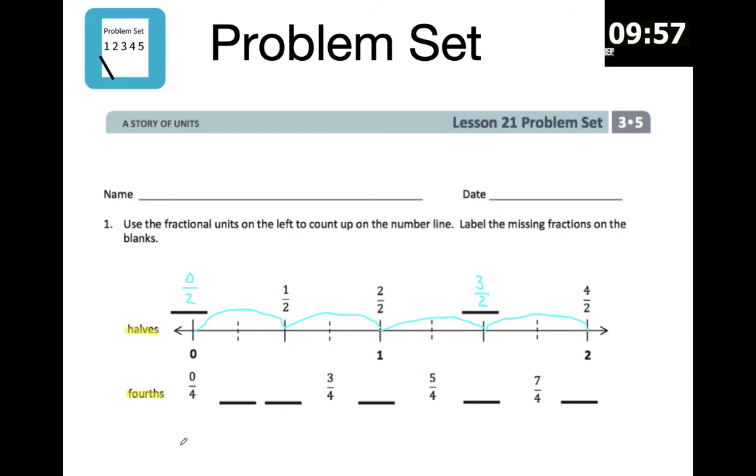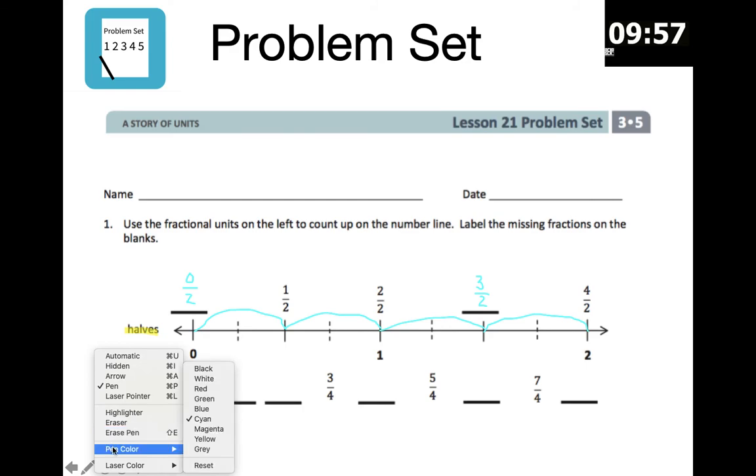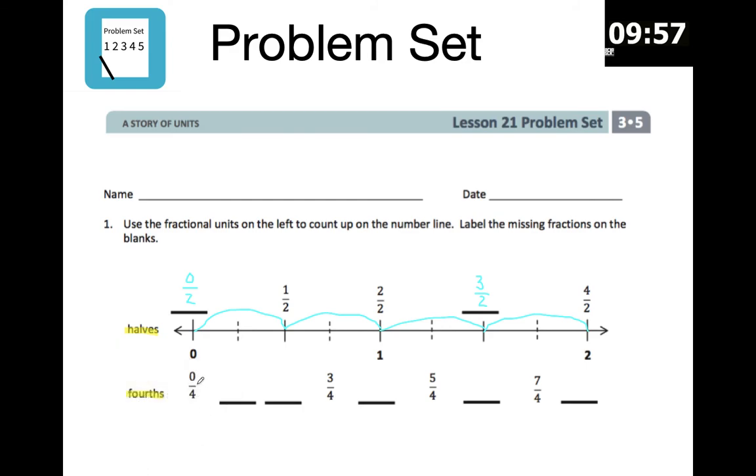Now the bottom, we're looking at fourths, and that is when we do need to look at those dotted lines, because if you notice, between the 0 and the 1, we have 4 equal parts, and that's what I'm going to just show you really quick. So from the 0 to the 1, we have 1, 2, 3, 4 equal parts.